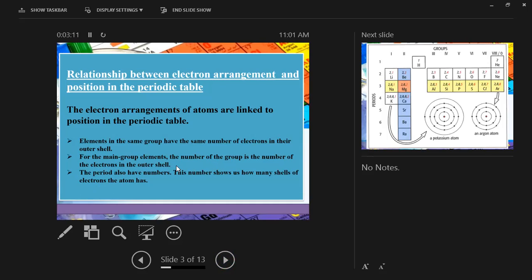So how do we arrange in a group? According to how many electrons in their outer shell. Here, 4 electrons in carbon's last shell. That's why we put carbon in group 4.